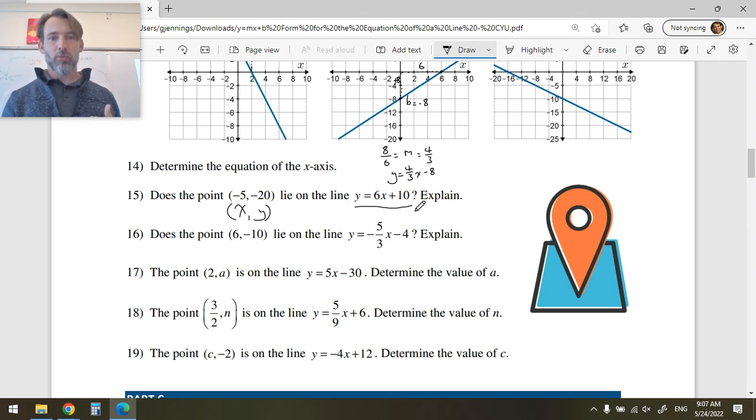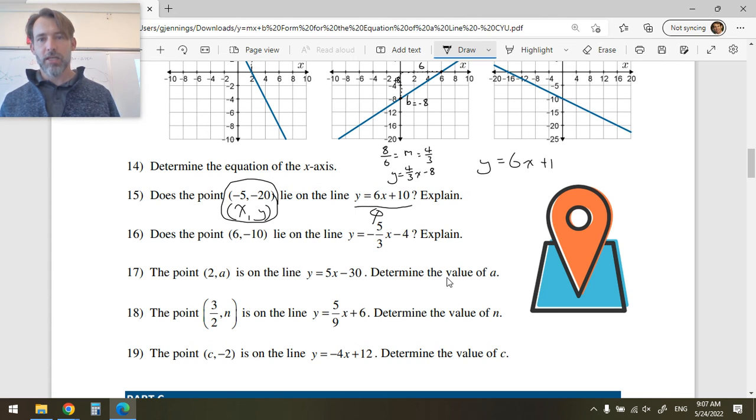And let's see why that is algebraically. What I can do is say, well, the point negative 5, negative 20 is a combination of x and y values. Let's input that there so that we would have y is equal to 6x plus 10. And so here we'll have negative 20 for y is equal to 6 times negative 5 plus 10.